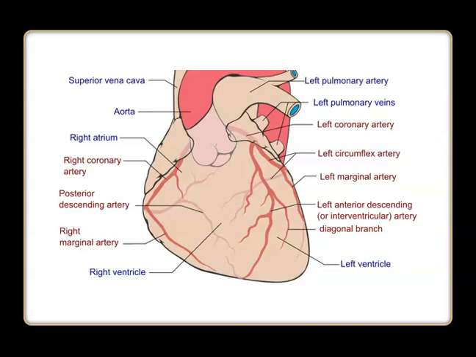This includes the apex of the heart. The circumflex branch supplies the lateral wall and the left ventricle. The right coronary artery supplies the right ventricle and forms the posterior descending artery. The posterior descending artery supplies the posterior portion of the heart. And you can see a really good diagram here of the different arteries.